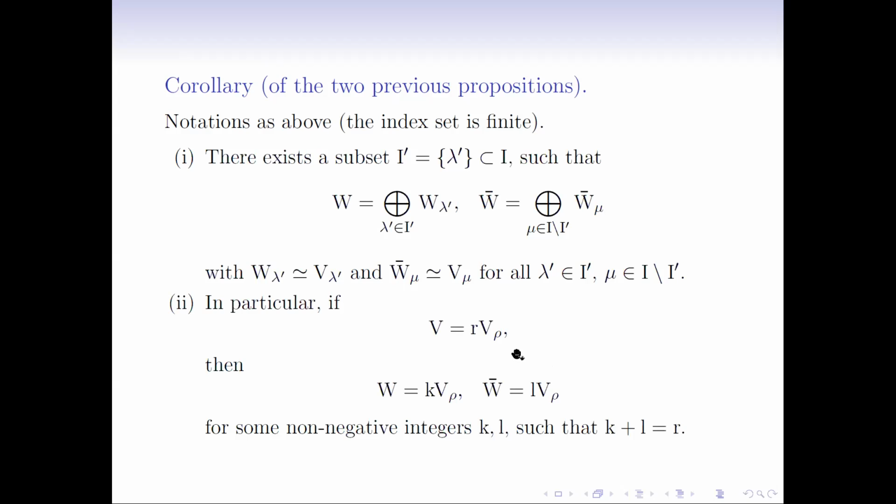And in particular, if V is a direct sum of the same simple module, with multiplicity R, so V is R times V rho, then every submodule is simply K times V rho, and the complementary is L times V rho, where K and L are multiplicities, non-negative integers, and their sum must coincide with R. So every submodule is some number of copies of the same irreducible module.